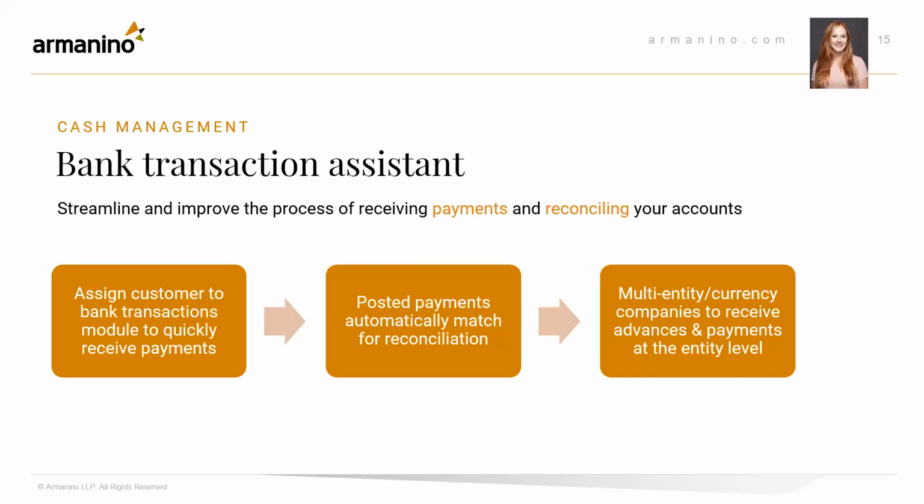When you're in the bank transaction list and you're posting that payment, it's going to streamline the process for you, because not only are you applying the payment to the customer invoice, which is reducing your AR, you're also going to have that transaction automatically matched on the bank side, because it knows exactly which payment it should be matched to. So this is going to be a huge time saver.